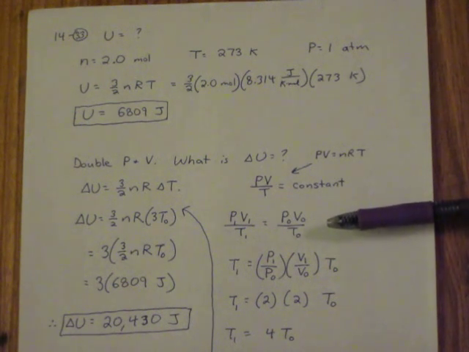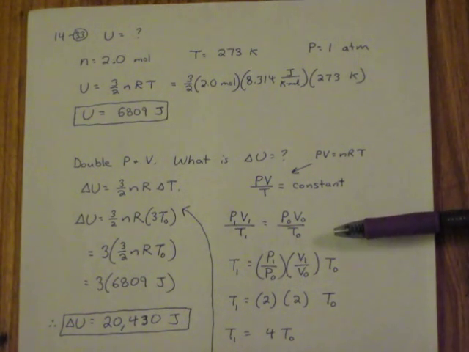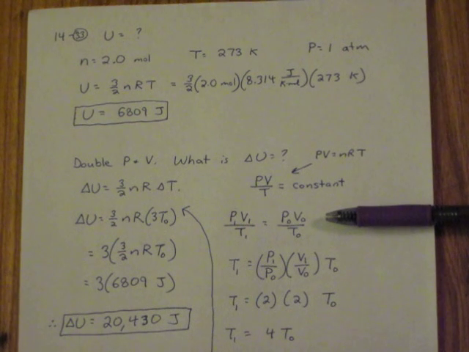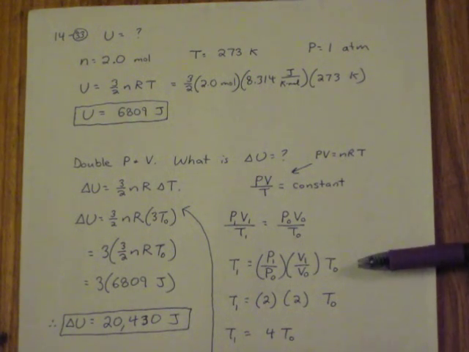Now, again, the goal here is to solve for the change in temperature. So let's figure out what the final temperature is in relation to the initial temperature. So solving this equation for T1, algebraically we get this. T1 equals the ratio of the pressures times the ratio of the volumes times the original temperature.